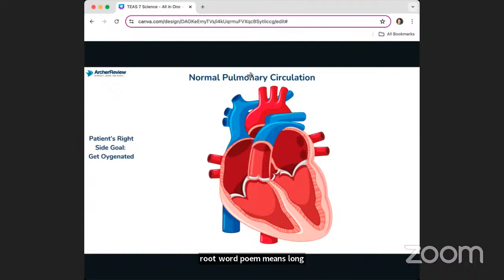So when we talk about pulmonary circulation, we're talking about blood that's being circulated through the heart and going to the lungs. And the whole goal for this circulation is for the blood to get oxygenated.